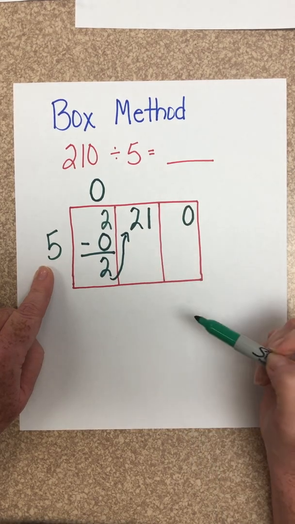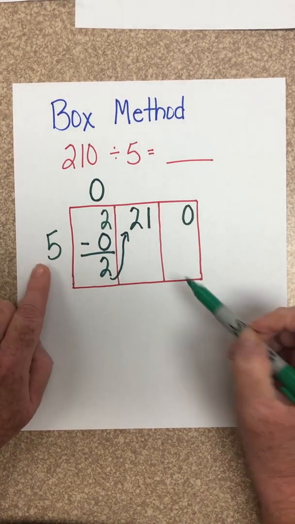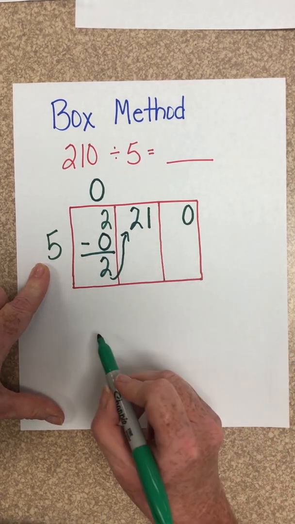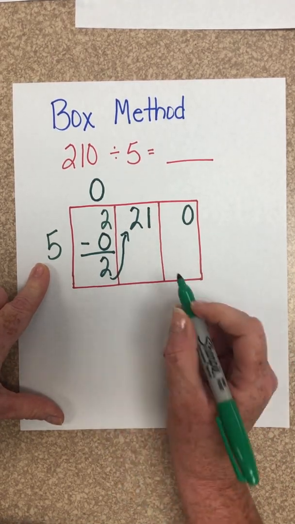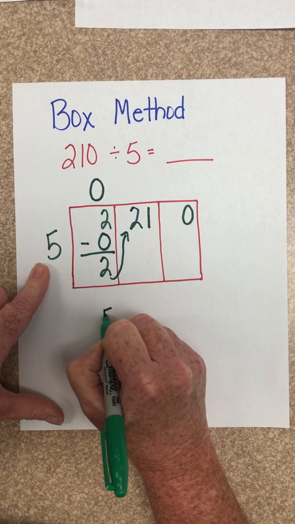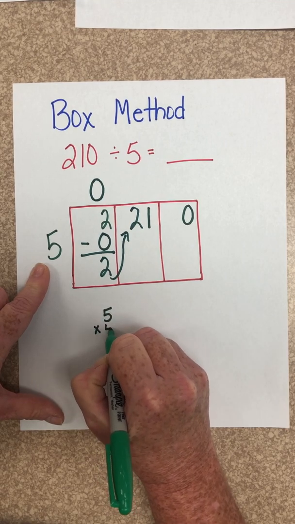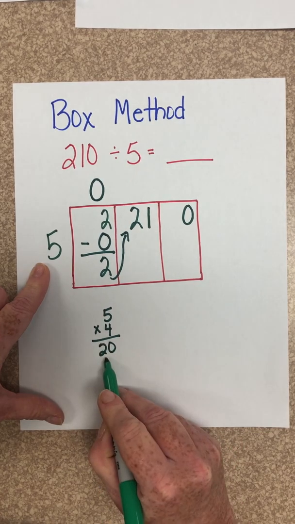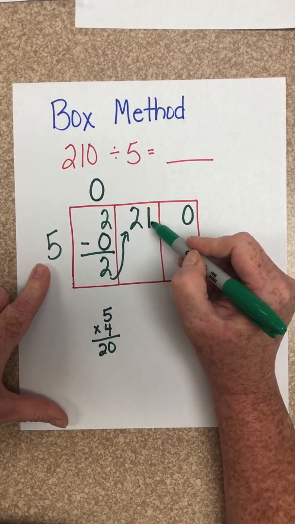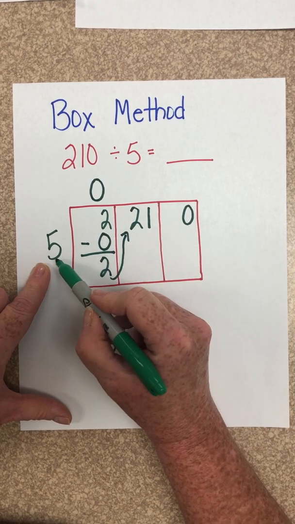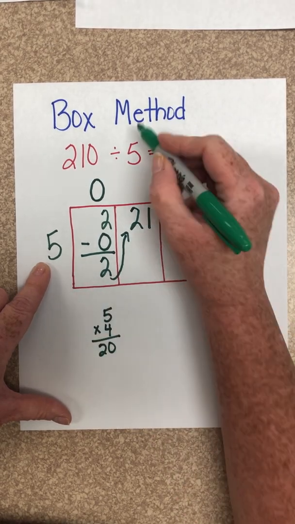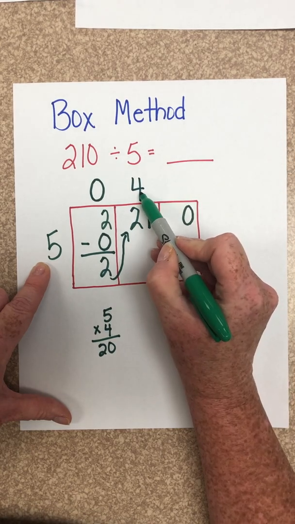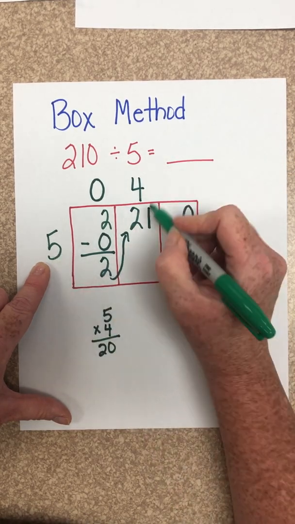So now I have 21. I need to know, well, how many 5s are in 21? Well, I'm going to go below my box and I'm going to make a couple notes. 5 times 4 is 20. Well, 20 is about as close to 21 as we're going to be able to get. So how many 5s are in 21? 4. Now multiply. 4 times 5 is 20.